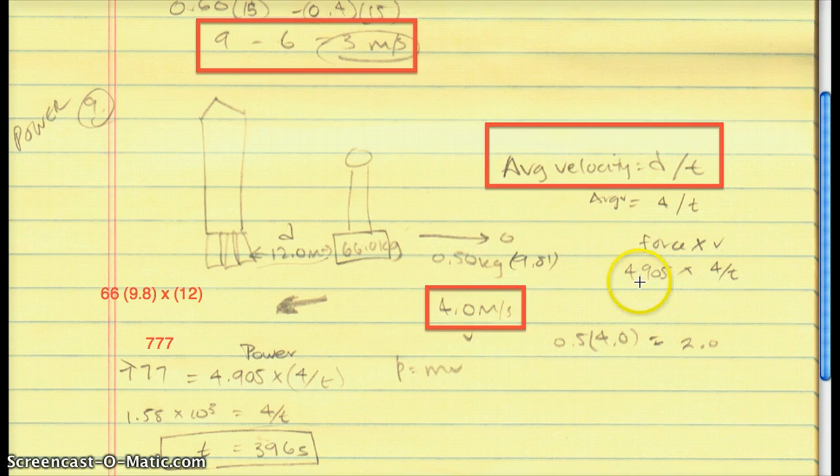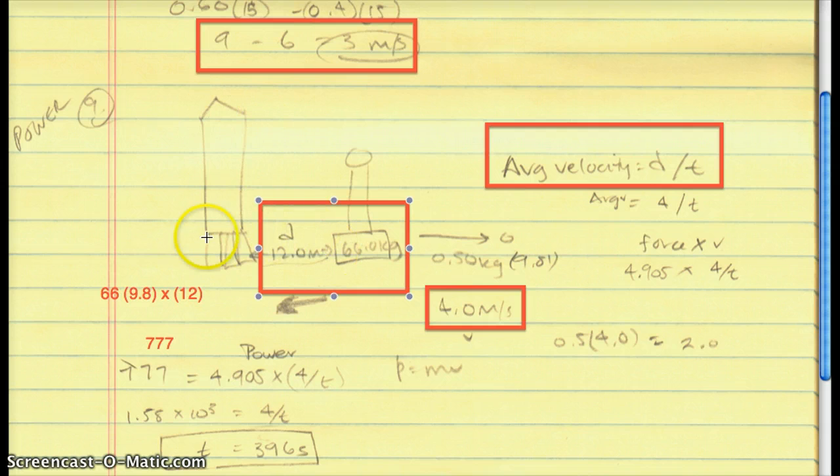Once we have that plugged in, we need to set it equal to something so as to solve it. So we also need to account for what's happening on this side. We have our 12 meters between our spaceship and our astronaut, and we know that our astronaut is 66 kilograms.